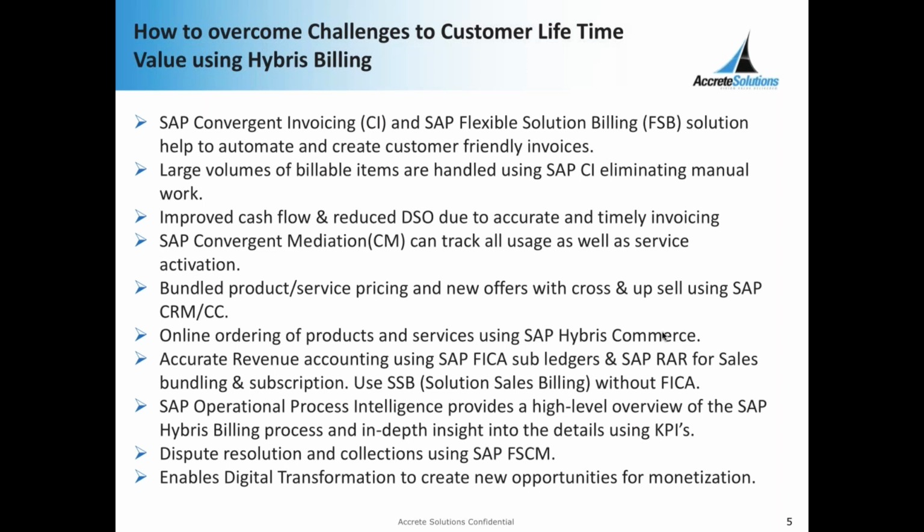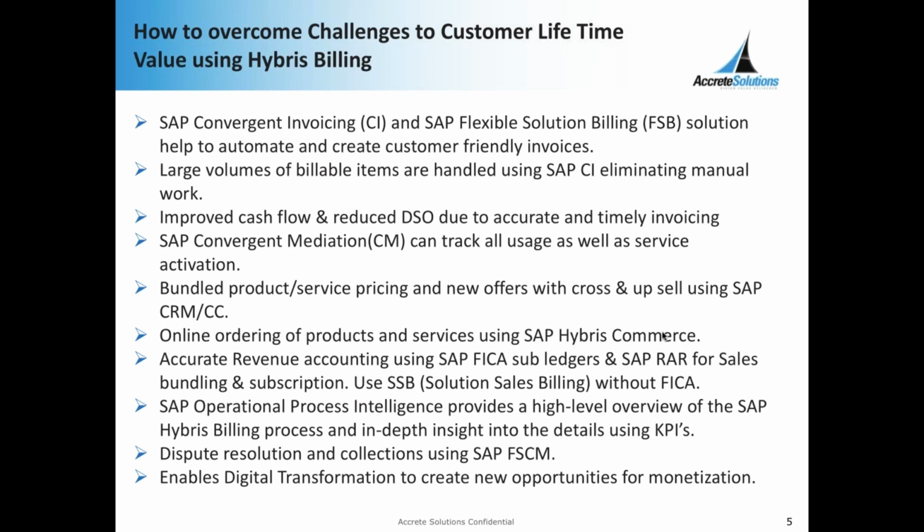Now, the next step is how do you invoice the customer? Well, this is where the solution called convergent invoicing, which is really a part of ECC, helps you invoice the customer in a nice format where you can have summary invoices and detailed invoicing as well.